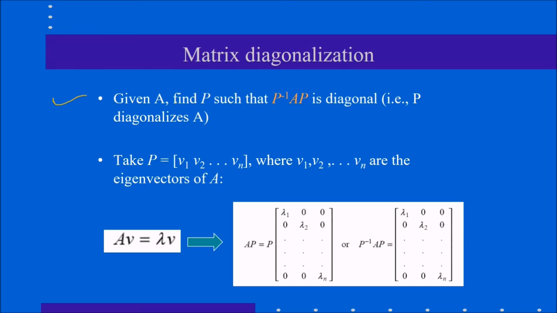Given A, which is a matrix, find P such that P inverse A P is diagonal. So this P now diagonalizes A. We take P as [V1 to Vn]. What are these V1 to Vn?